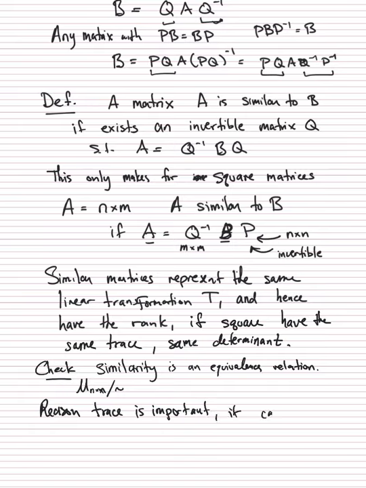So it can detect whether two matrices are similar or not. Well, it's not an if and only if, but at least it gives you a condition for when they're not going to be similar, right?